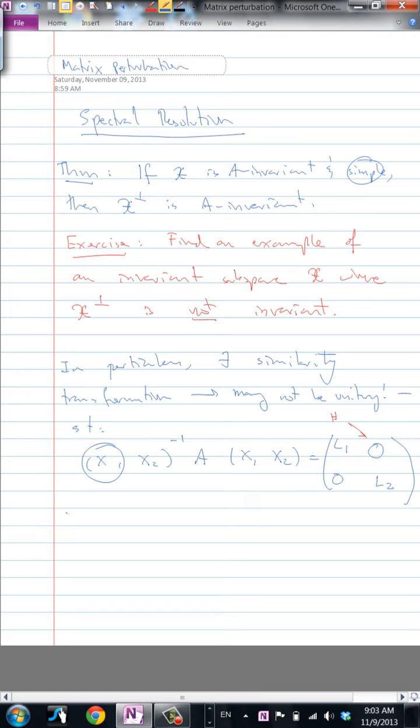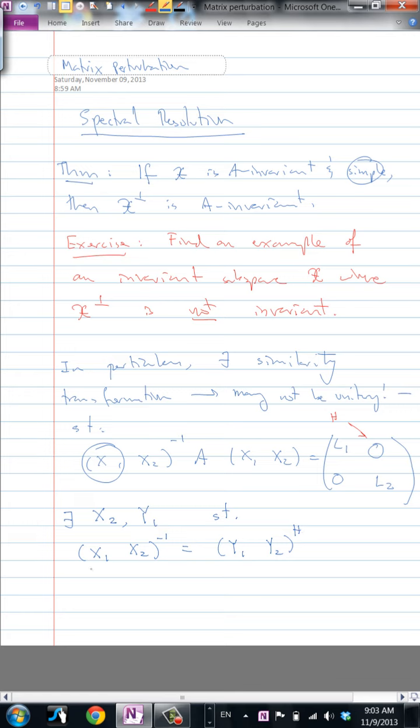If we start out with x1, in particular there exists an x2 and a y1 such that [x1, x2] inverse is equal to [y1, y2] transpose.